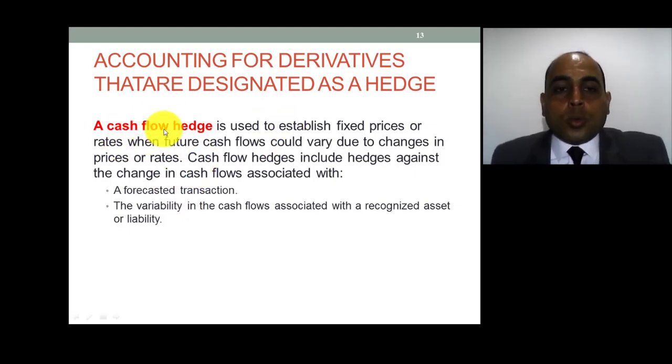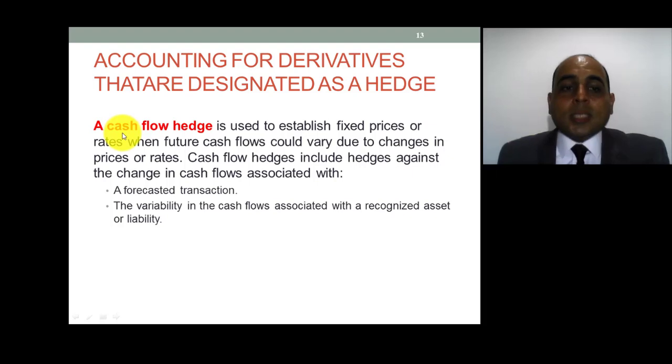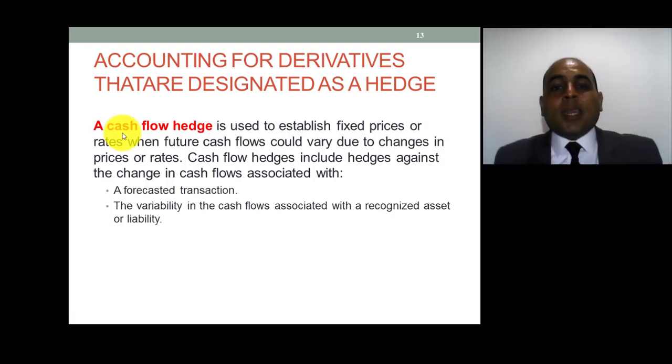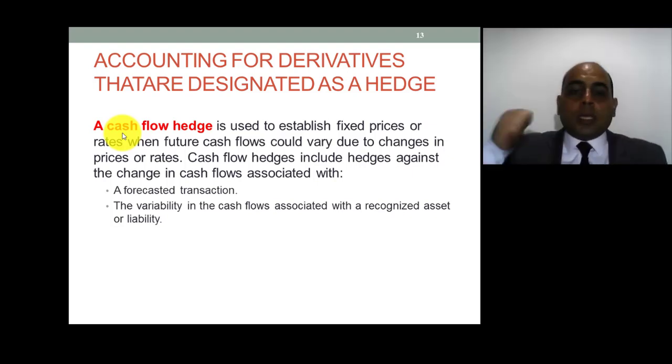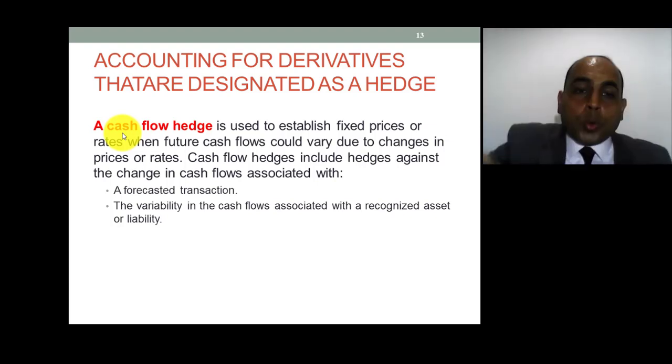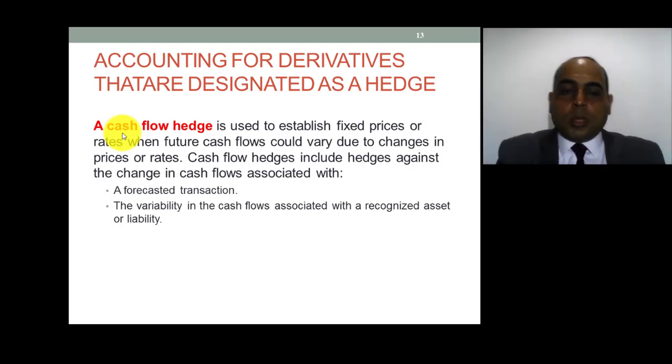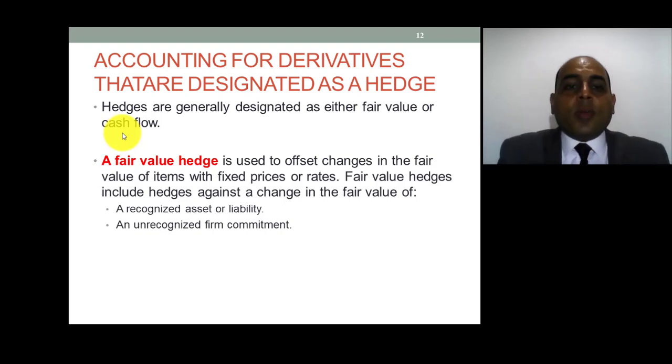When we enter into a cash flow hedge, the amount of gain will be treated as other comprehensive income, because we are not talking about an occurred transaction. We are talking about an expected or forecasted transaction. This is the main difference between a cash flow hedge and a fair value hedge.